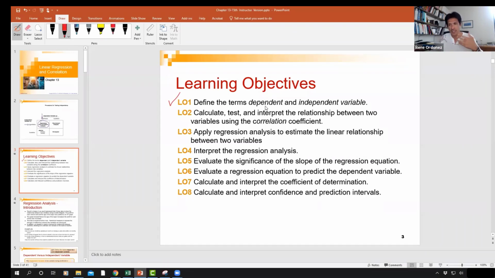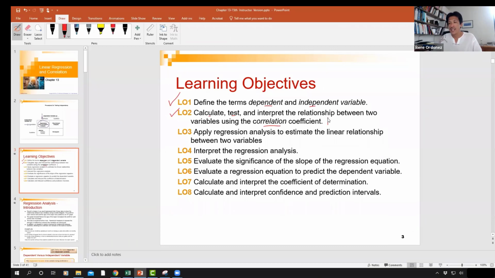For every problem that we solve in this chapter and the next, we'll still identify the response variable as well as the independent variable or variables. Then we will conduct hypothesis tests once again and interpret the relationship between the 2 variables using the correlation coefficient.